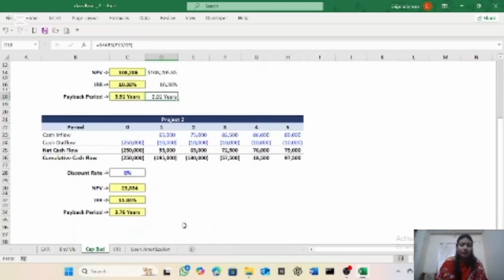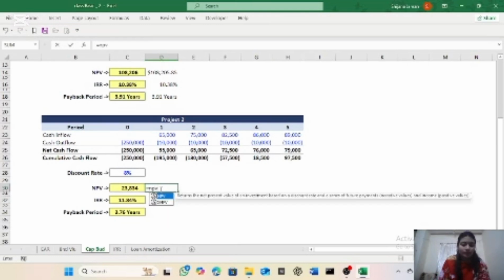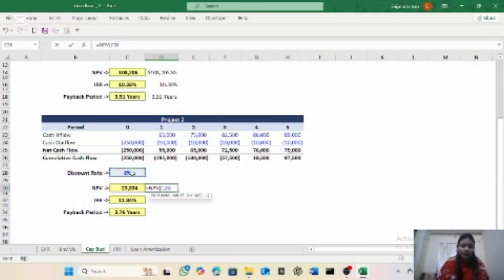Now we are calculating project 2's net present value. So the formula is equal NPV, rate is discount rate 8%, comma values means first year to fifth year, bracket close, plus now we are adding initial cash flow, enter. Yeah, this is our net present value.